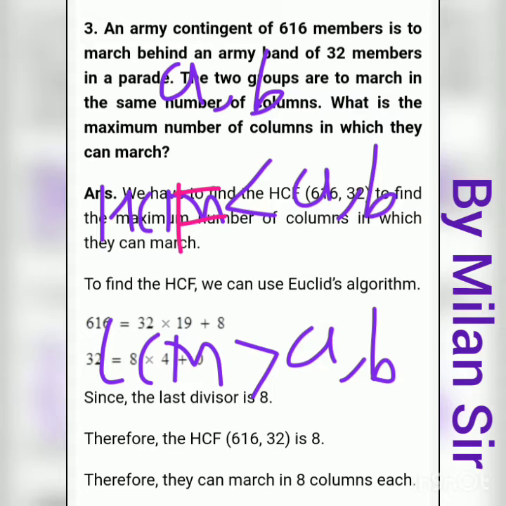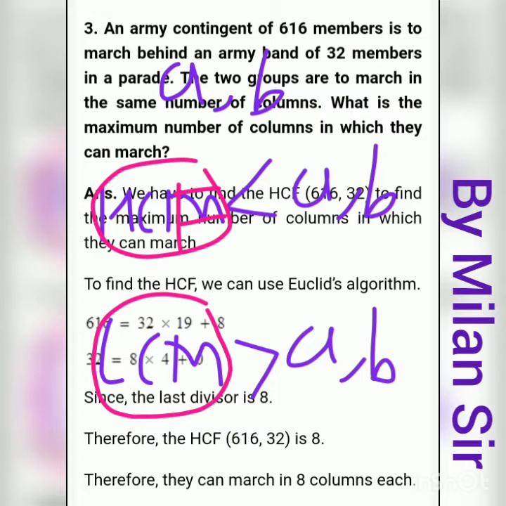So if some word problems are there, we can think like this: if we want a smaller answer than the original numbers, we need to use HCF. And if we want a bigger number than our original two numbers, we can use LCM. We can use this method to determine whether we need HCF or LCM. You just need to think, do you want a small answer or a big answer? If you want a small answer, find HCF. If you want a big answer, find LCM.